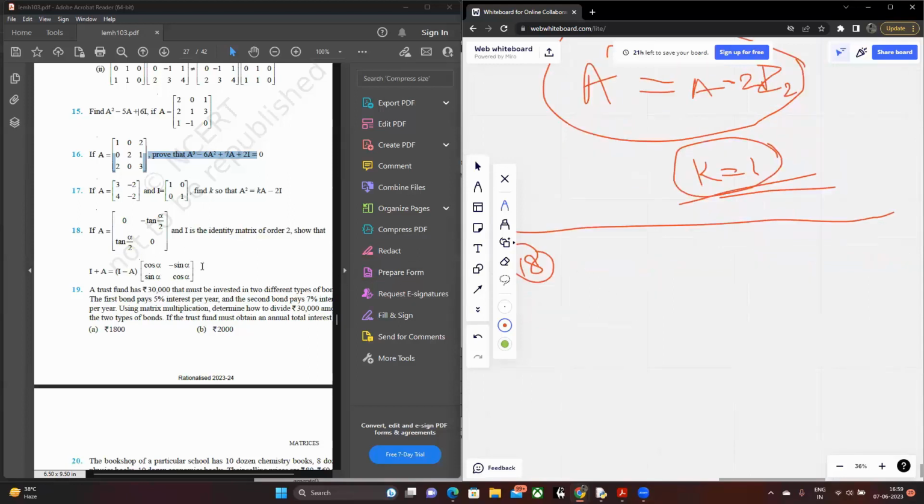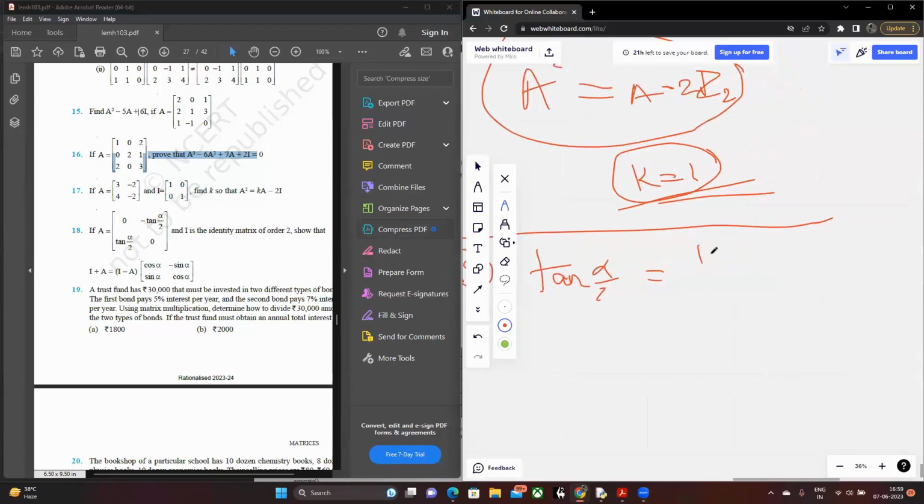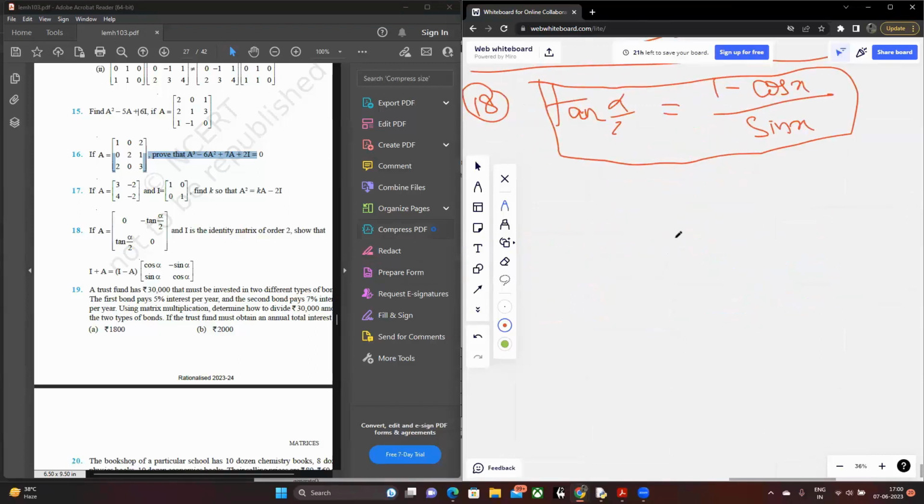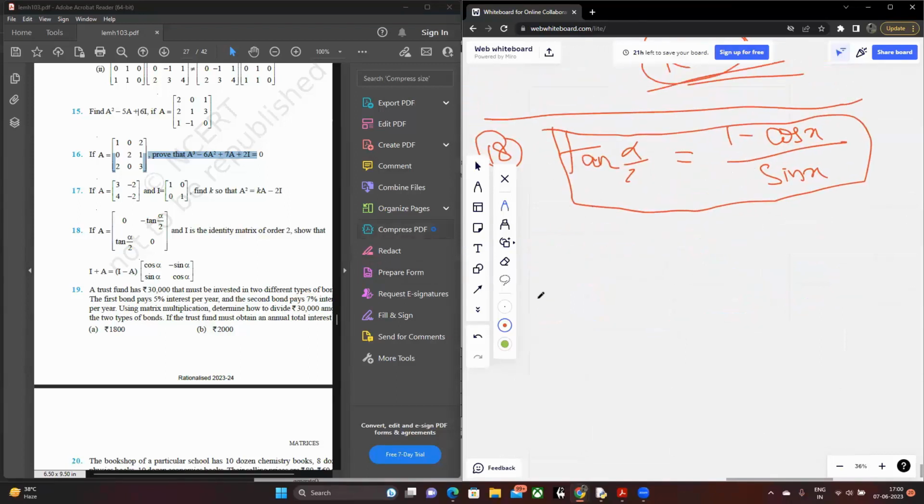Note that tan of alpha by 2 is going to be equal to 1 minus cos alpha divided by sin alpha. Note this down. So you can use either this or you can use something else to prove this whole thing. But I'll just try using this now.